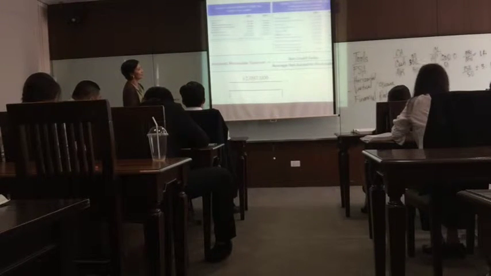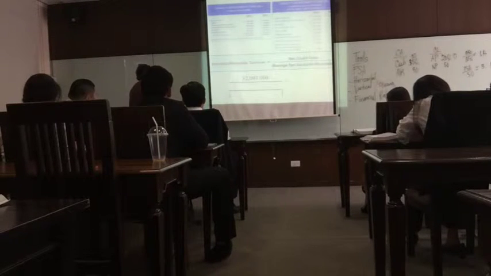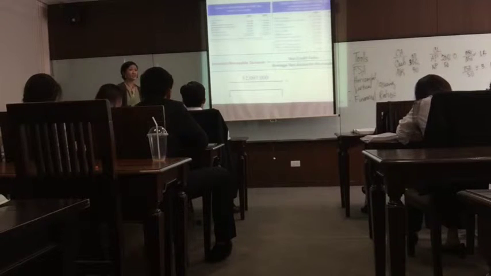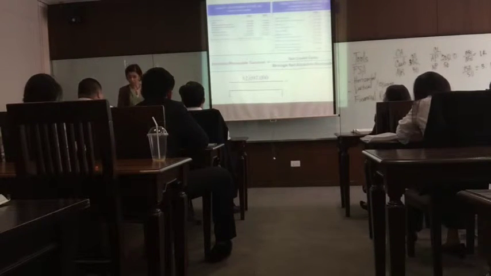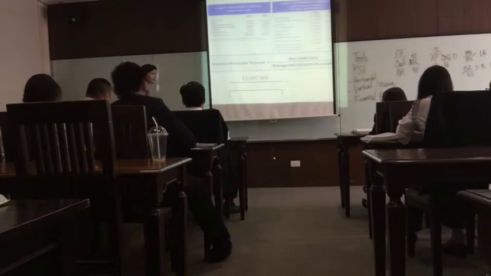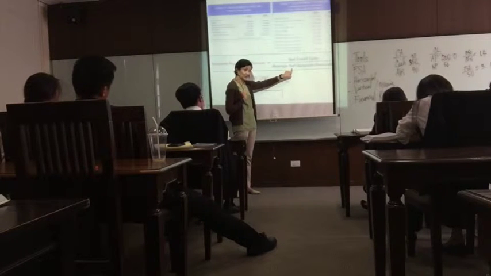The formula is net credit sales divided by the average of AR net. How do you do average AR? Divided by 2. And it says net. Net of what?